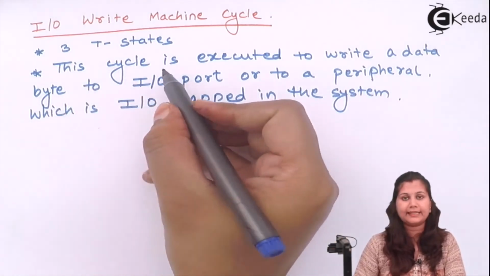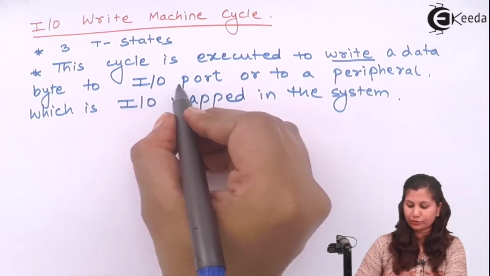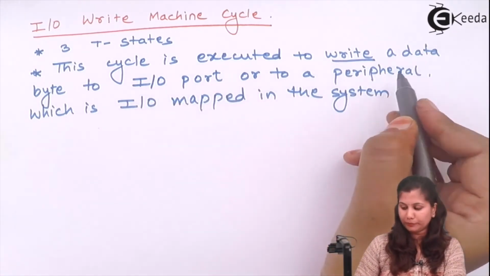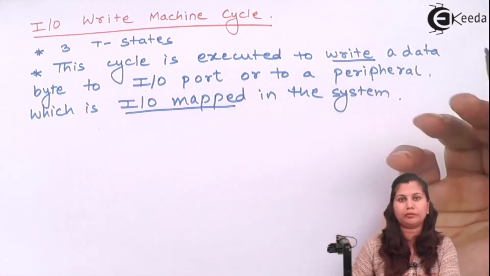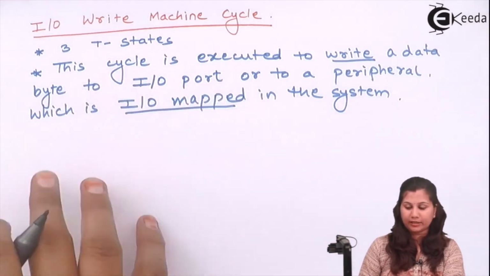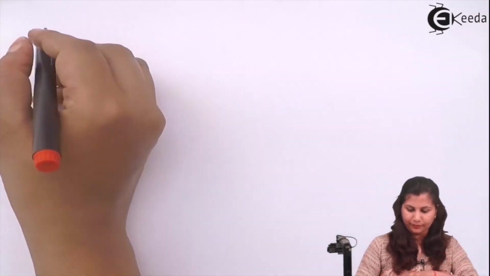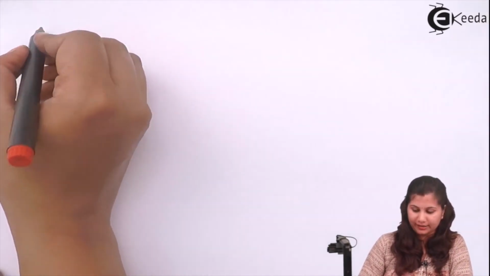This cycle is executed when the processor wants to write a data byte to the input output port or to the peripheral, which is input output mapped in the system. It requires 3 T states, so its timing diagram will be the same, only the difference is the write signal.